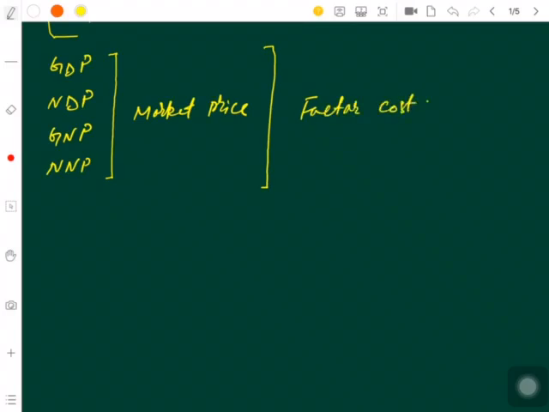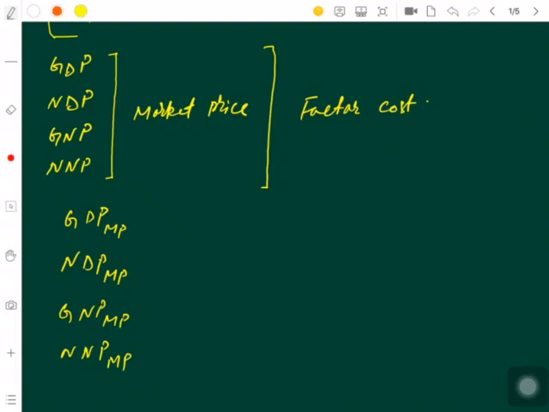If we rewrite all these aggregates now, we would be able to name them as GDP at MP, NDP at MP, GNP at MP, and NNP at MP.